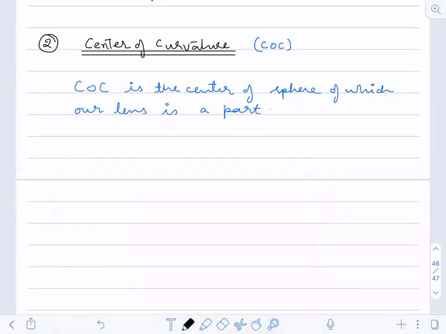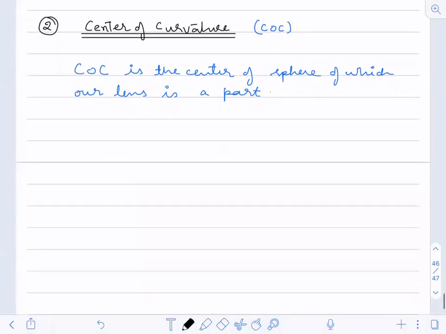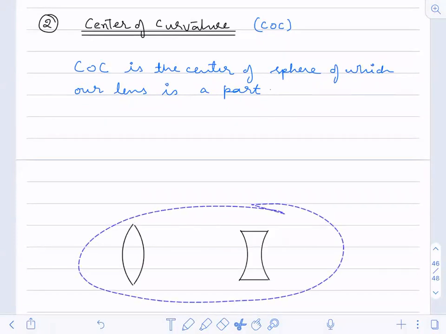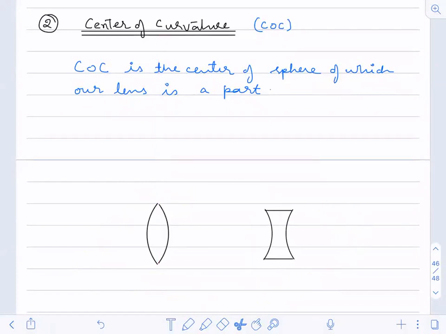Is there anyone who has a doubt in this? No? Okay. So if I want to draw the figure, how would it look? This is our optical center, and somewhere here we will have a center of curvature, and one more center of curvature will be there.